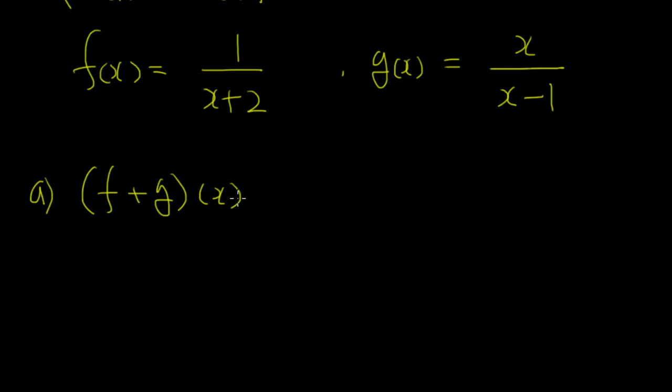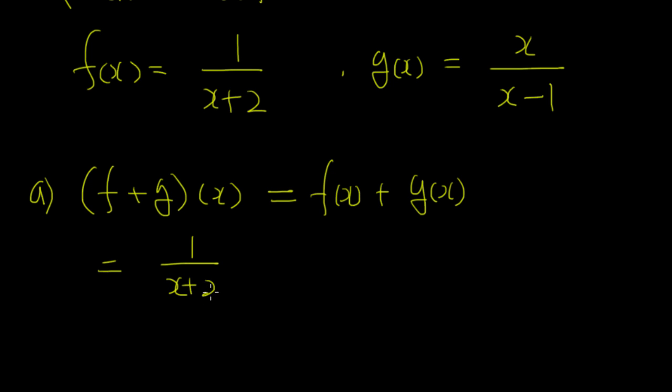I mean, it's a weird notation, but that's how they put it. And this would be exactly the same thing as f of x plus g of x. That's obvious, right? You're just adding these two together. So this would be the same thing as f of x, which is 1 over x plus 2, I'm just writing this part, plus what's g of x?